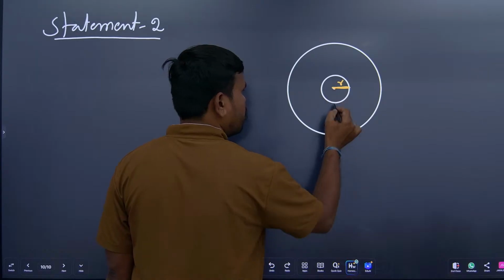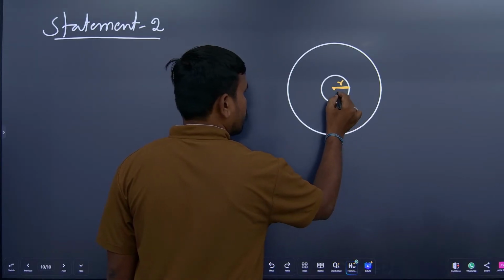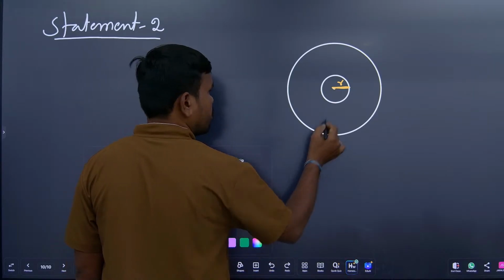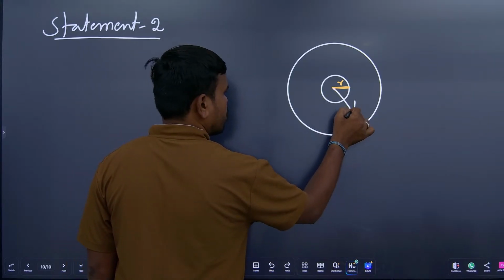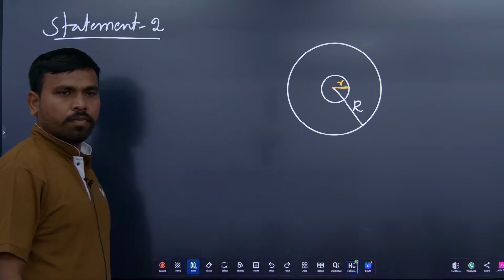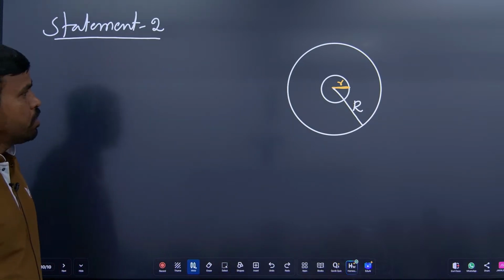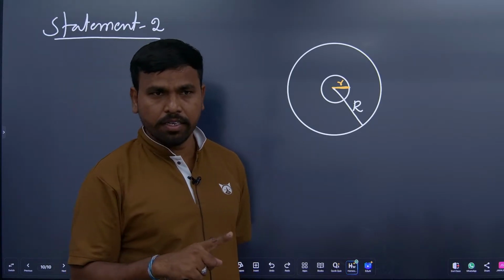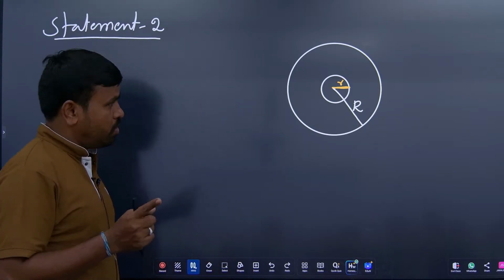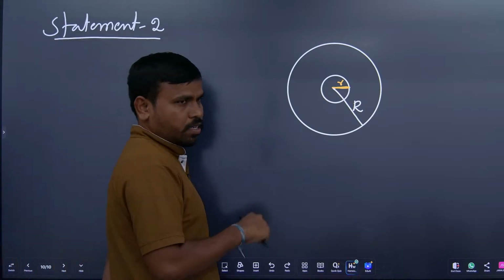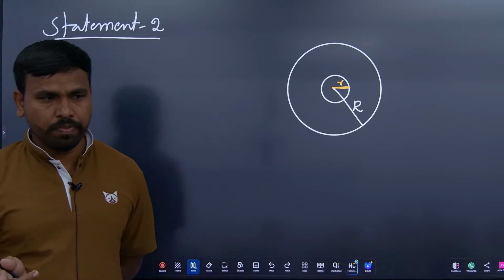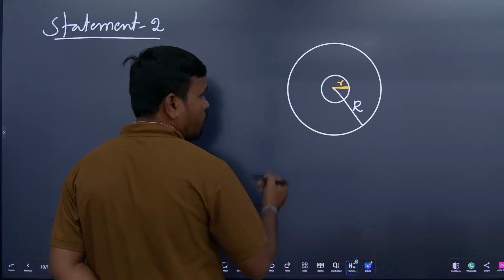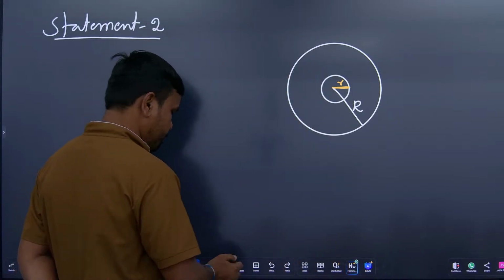It is small r and big R. Two circles with the same center but different radius. Okay, these are called concentric circles.